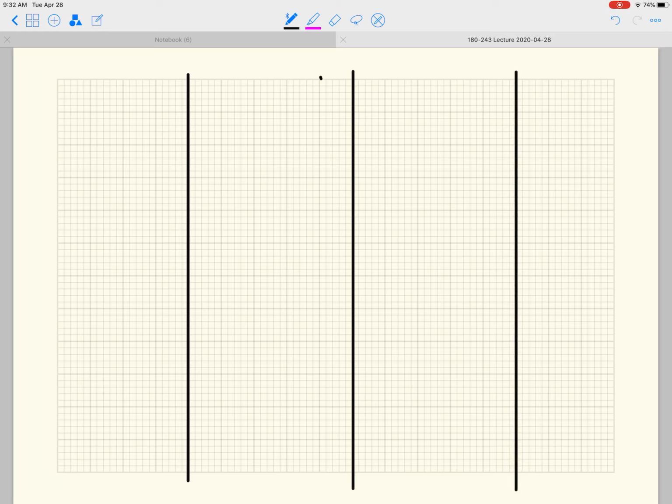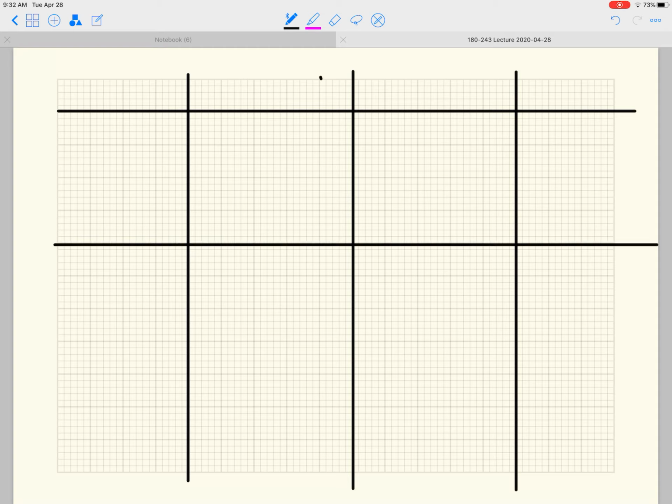Hopefully that works out. Let me cut across here. And then what do I have? I've got 3 from there. Something like that. All right, so we've got our table set up.